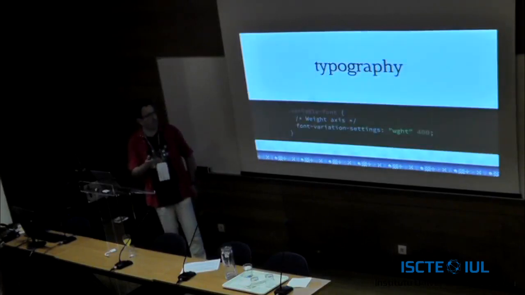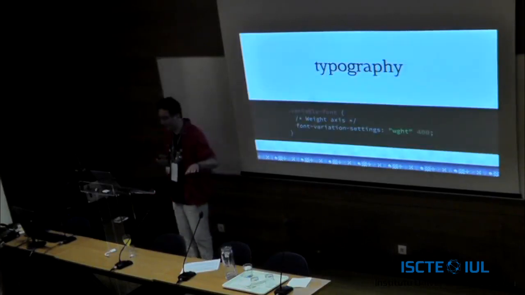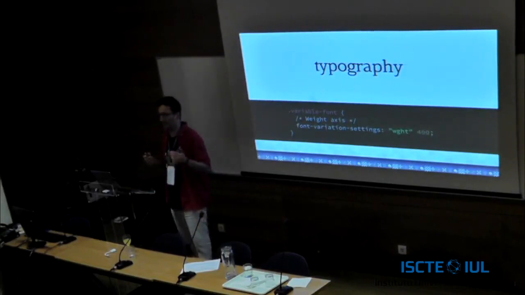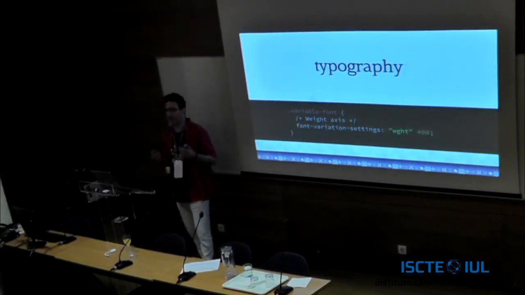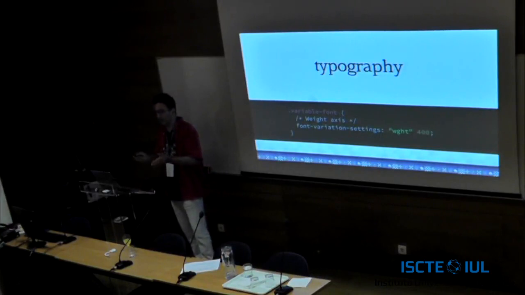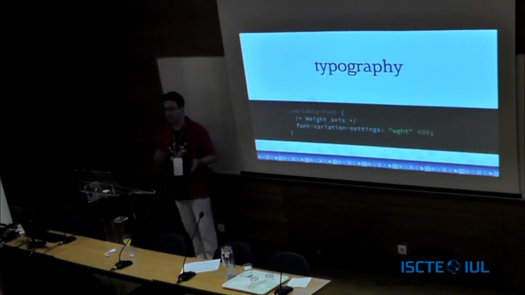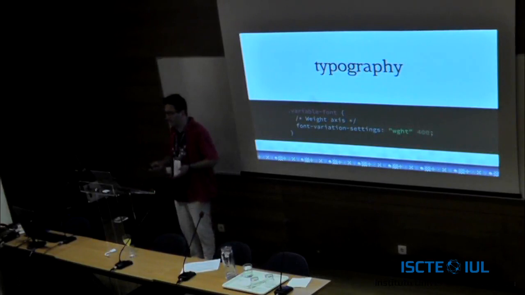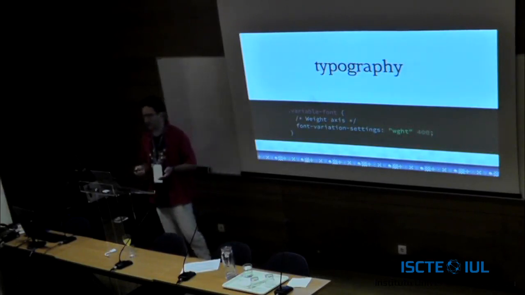This font-variation-settings property is a so-called low-level property which makes it possible to use variable fonts in the browsers now. This looks like this. We have this property, font-variation-settings, then we have a tag, a 4-character tag, and the value. In this case, we just set a normal 400 weight for this font.